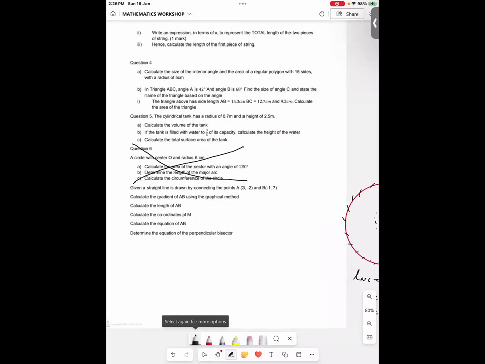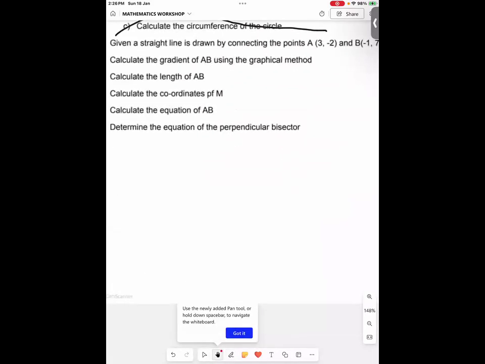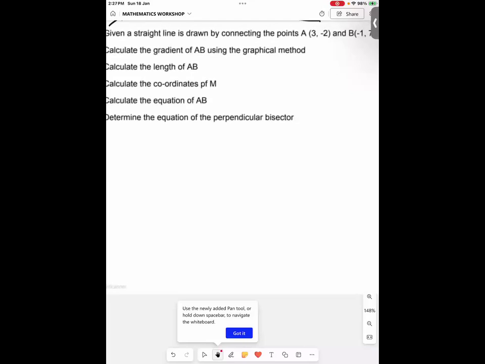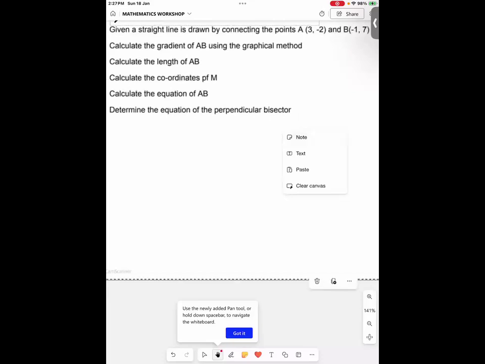Yes, sir. All right. Now for the next question here. Here it is. So for the next question, we are told that a straight line is drawn by connecting the points A (3, -2) and B (-1, 7).